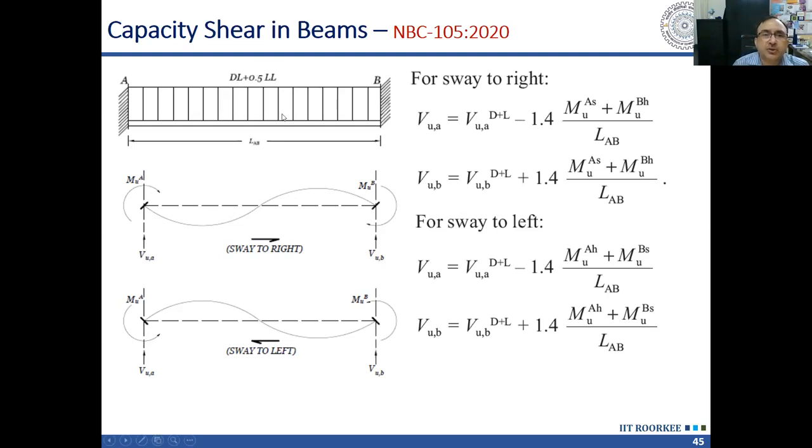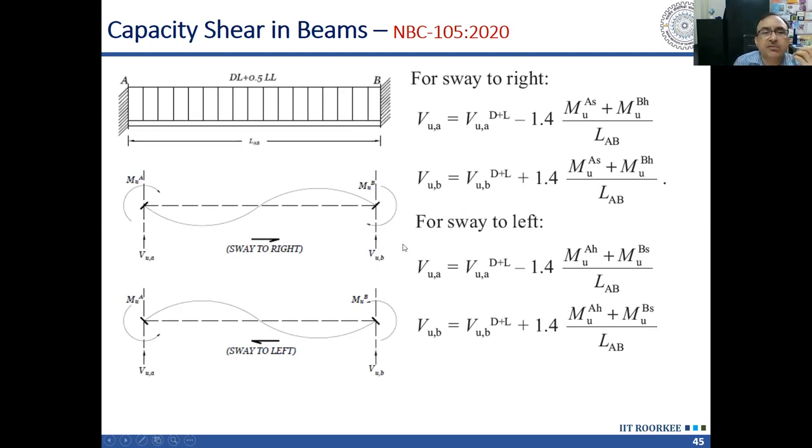So dead load plus reduced live load, and in addition to that, what is coming because of the moment. And here again, a factor of 1.4 is used. This factor takes into account the over strength due to strain hardening. So actual strength will be maybe more because the steel strength is more than the yield strength. So to take that into account, this factor of 1.4 is there.